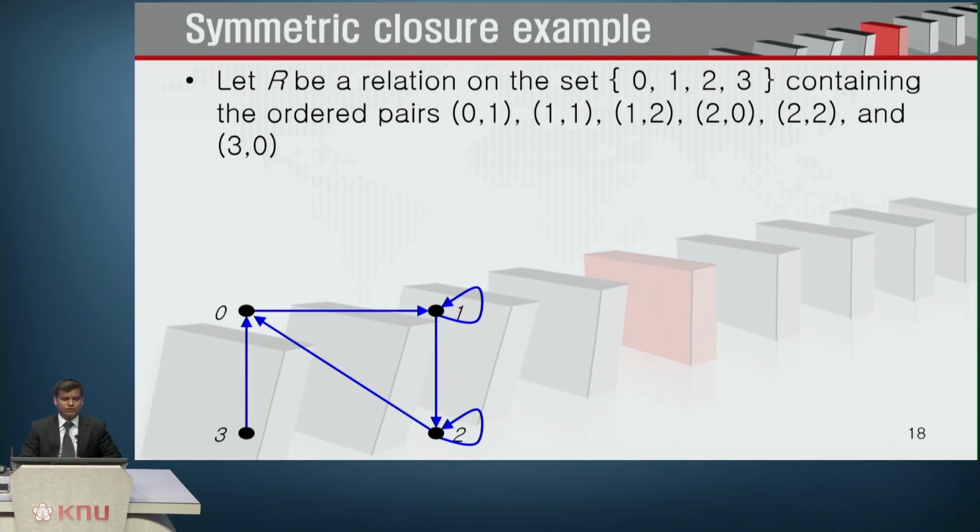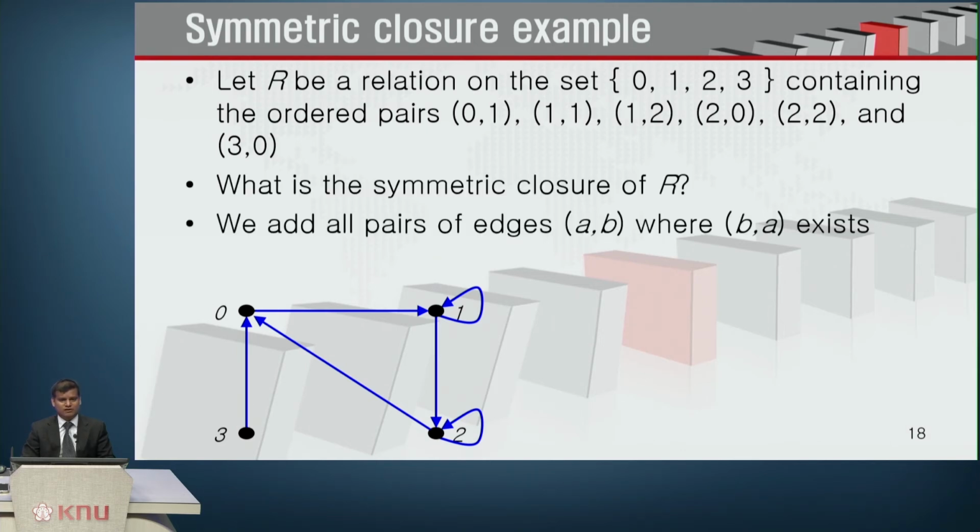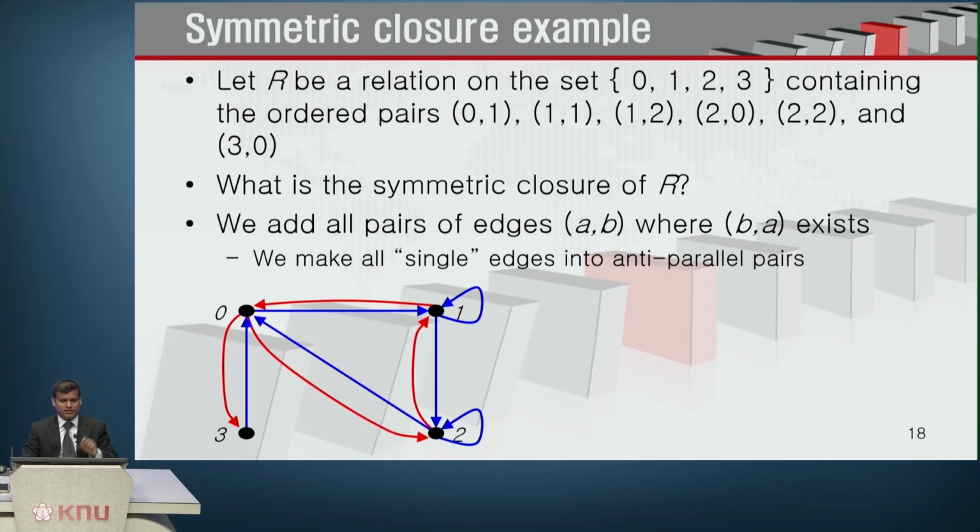So what are we to do to make it symmetric? You can see there are things to be added. Yes, we add all pairs of edges (a, b) where (b, a) exists. Can you see that? We make all single edges into anti-parallel edges. You already have (0, 1), but (1, 0) is not there, so you add that.